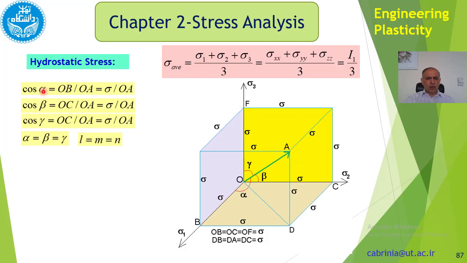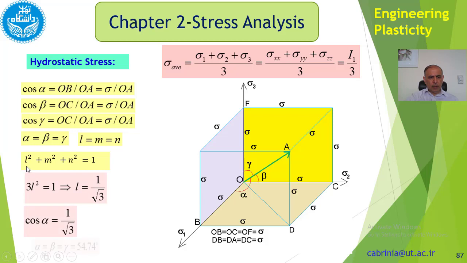So cos alpha is OB over OA, and likewise cos beta and cos gamma. We can get these relationships very easily, and as you can see, cos alpha, cos beta, cos gamma are all equal. So it means alpha, beta, gamma are equal, and L, M, N are equal. In a hydrostatic state of stress, the direction cosines are equal.